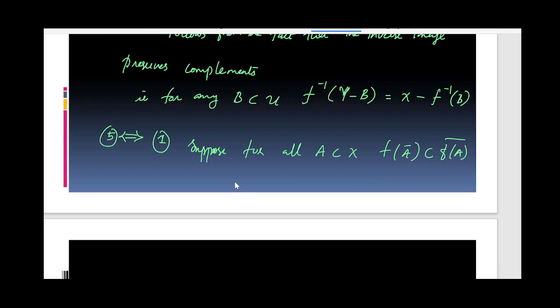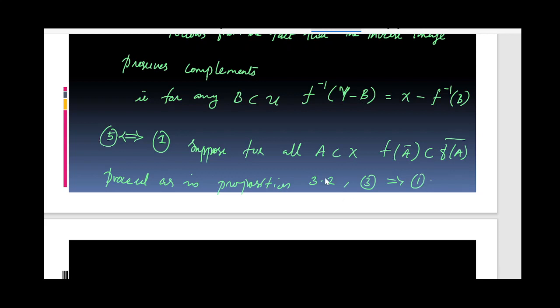Now we have already proved this when you're taking F at a single point. We can prove similarly. So proceed as in proposition 3.2, where you proved 3 implies 1 also.